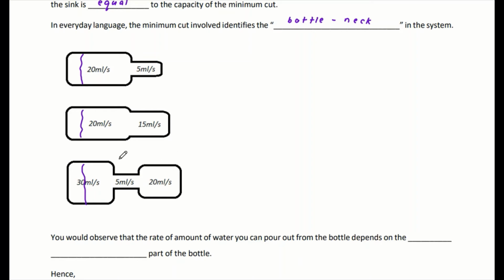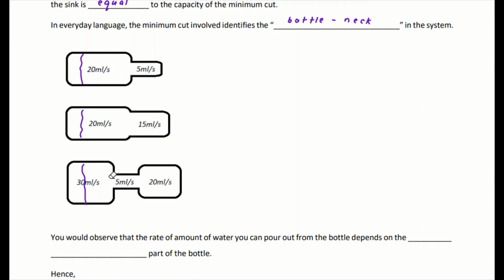If you have this very fancy pattern of bottle, try to imagine, do you think the rate of water coming out from your bottle depends on your diameter here, or the diameter here, or the diameter here? Try to imagine the situation. It's very logical to understand that it actually depends on here.